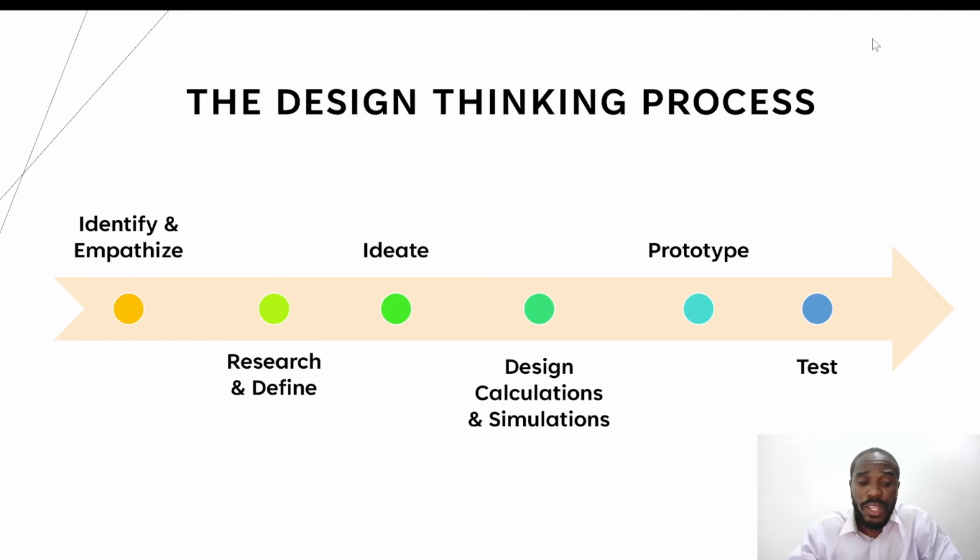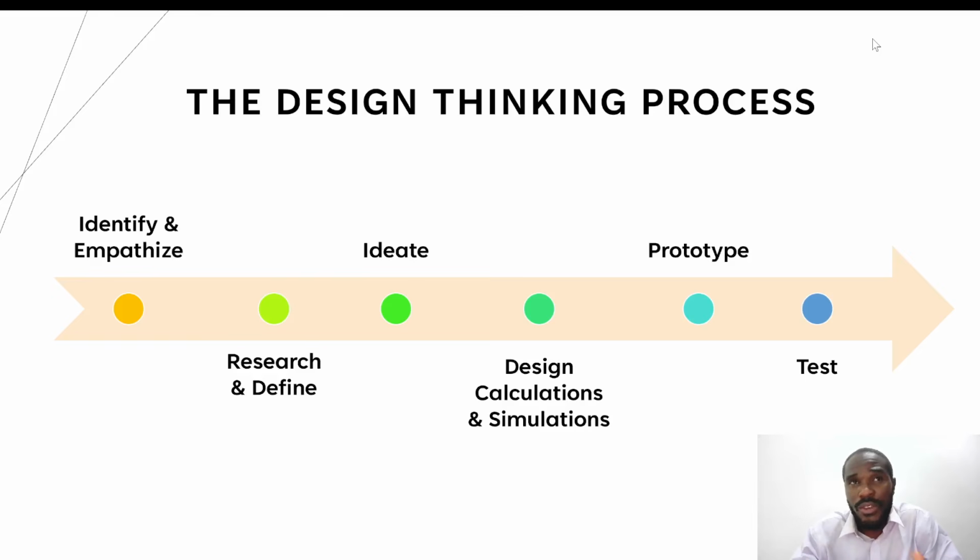Then you go ahead and you do research. You check what has been done previously regarding that. You look at the principles and scientific concepts that govern some of the occurrences in and around the problem.